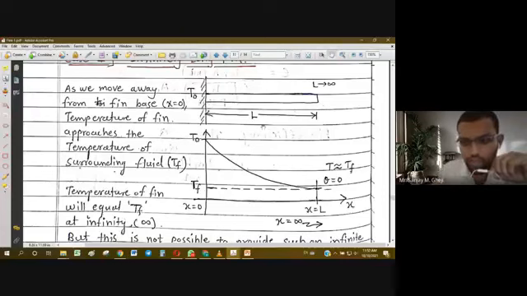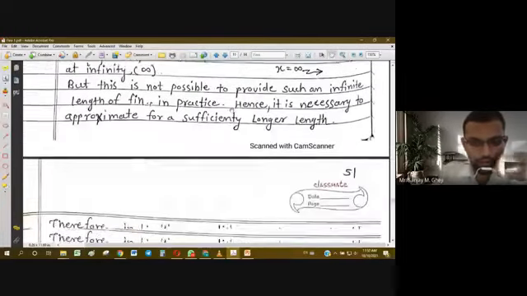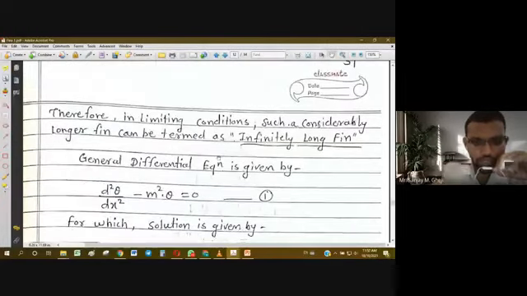As compared to the base dimensions, if the length of the fin is very large, let us say 10 meters or 20 meters, then we can say the fin length is infinitely long. So in limiting conditions, such a considerably long fin can be termed an infinitely long fin.